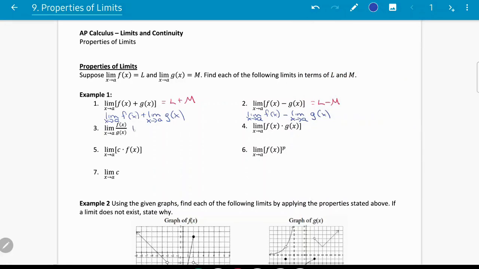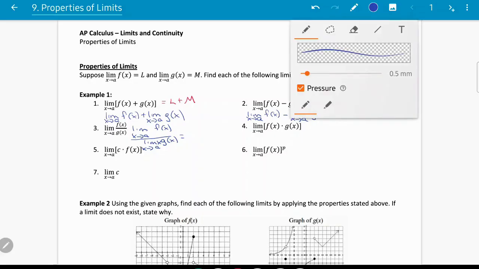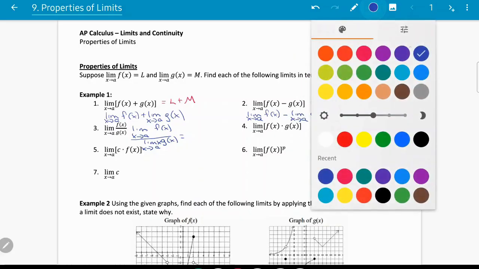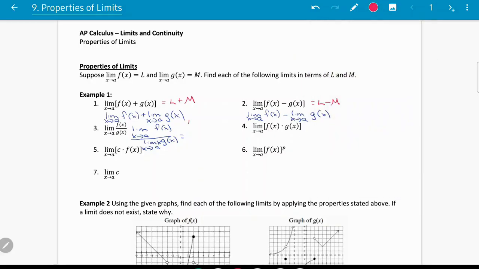Number 3, we have the limit as x approaches a of f of x divided by the limit as x approaches a of g of x, and provided that m is not equal to 0, this is L over m.